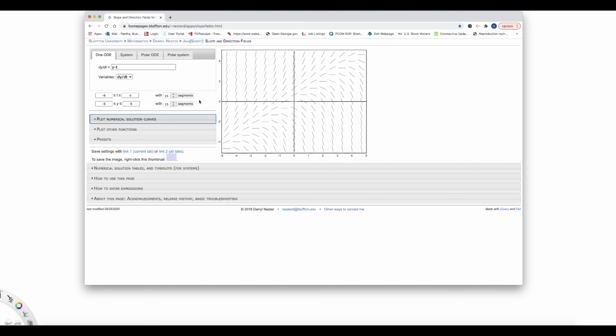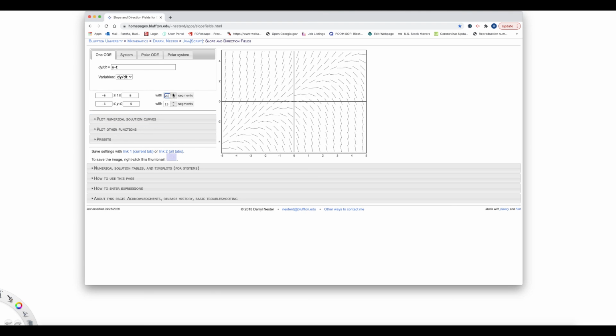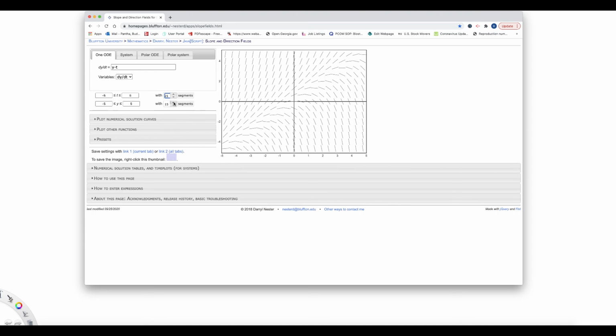You can pick many segments or just a few segments. It depends on how many you want. If you pick many segments for x and for y, you can see a better picture. Now, on the right hand side of your problem was y minus t. You enter that, and then you pick the window you want.